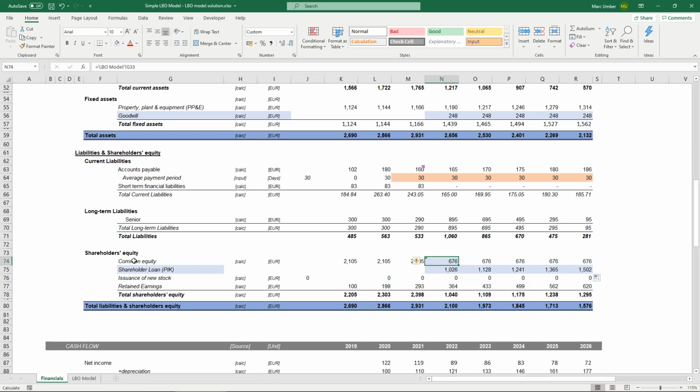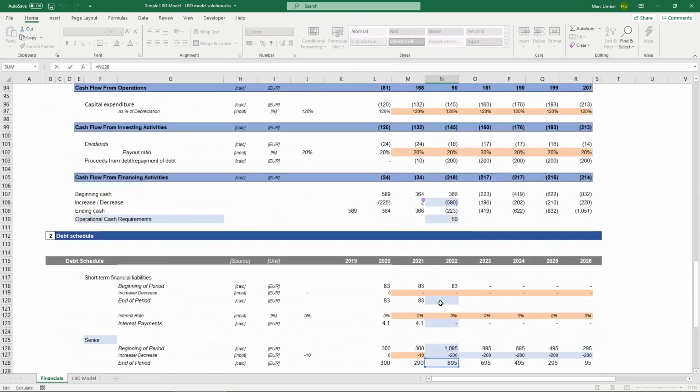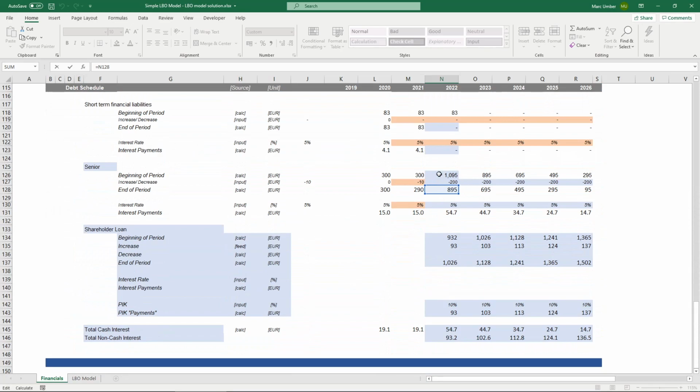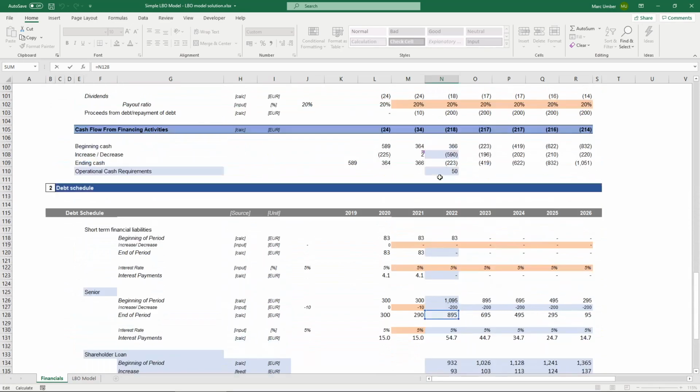We stripped off all the existing common equity, introduced the new common equity, we introduced the new shareholder loan. We will also have paid down all the senior debt and refinanced this with the new senior debt. This was already taken from our debt schedule, so that is good.